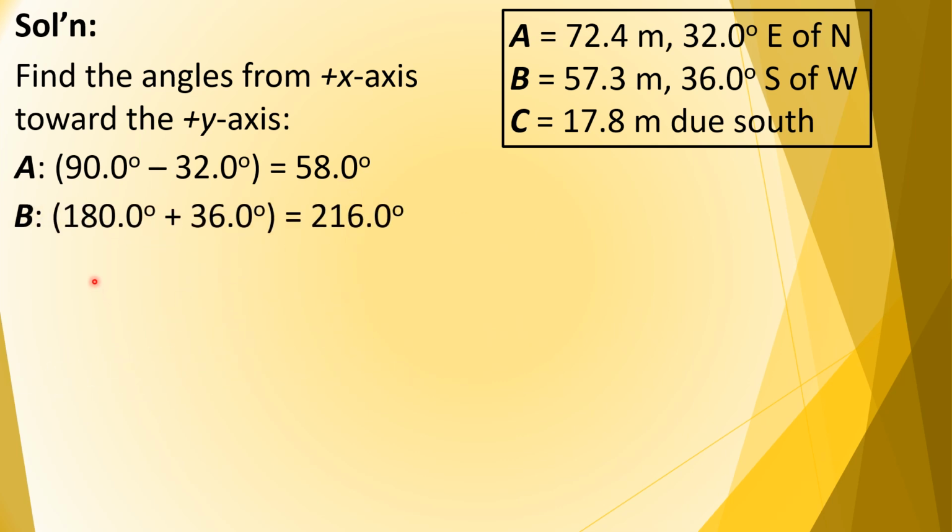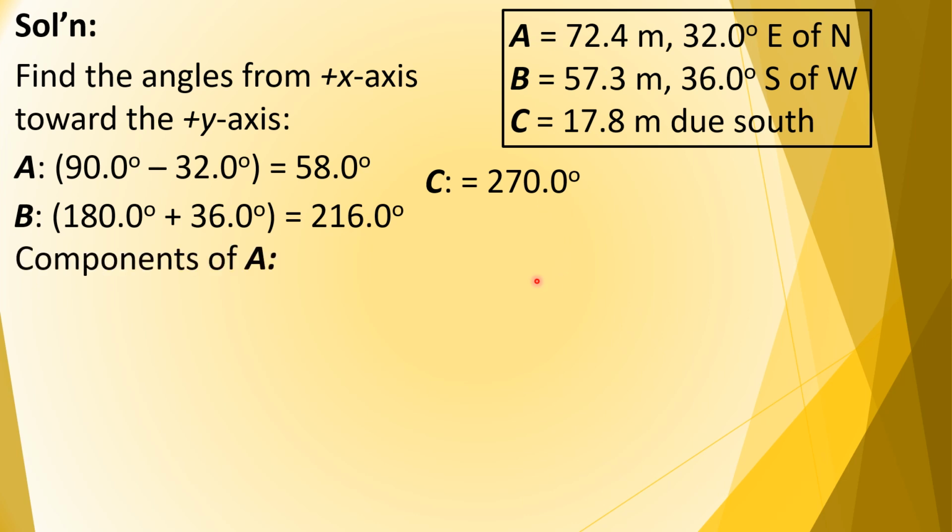For vector B, it is equal to 180.0 degrees plus 36.0 degrees, or 216 degrees. And for vector C, it is simply equal to 270.0 degrees.